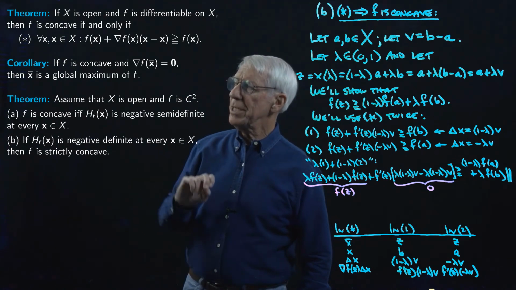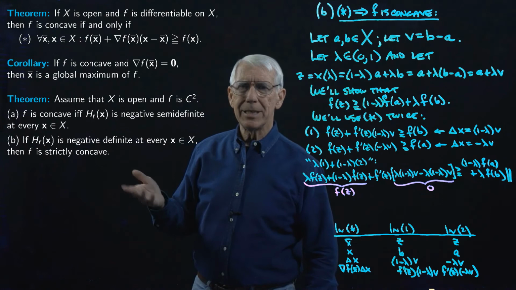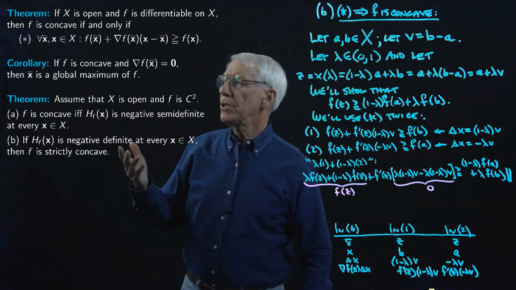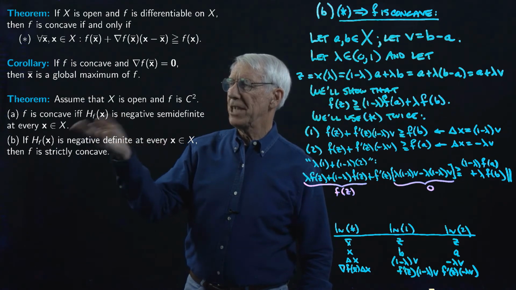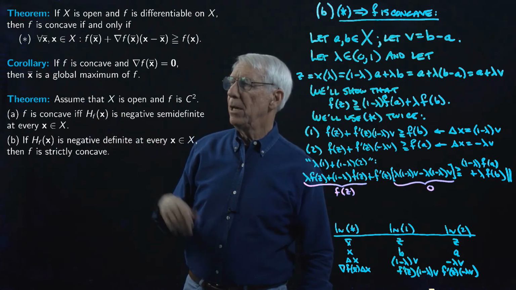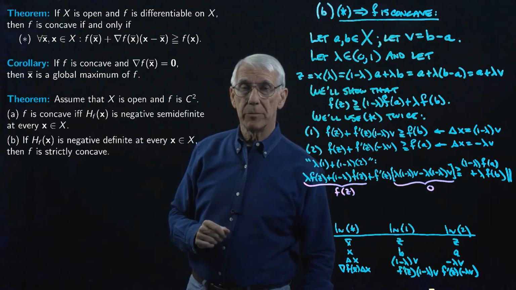So that just shows how we go about getting sufficient conditions for the function to be concave. But of course you could say, well, that raises the same question again: how easy or difficult is it going to be to verify that the Hessian matrix is negative semi-definite everywhere in the domain, which is what we're going to need to do if that's going to be a sufficient condition for function f to be concave?